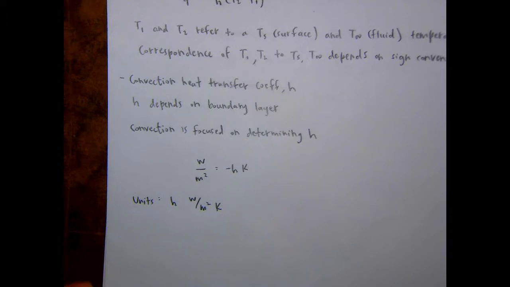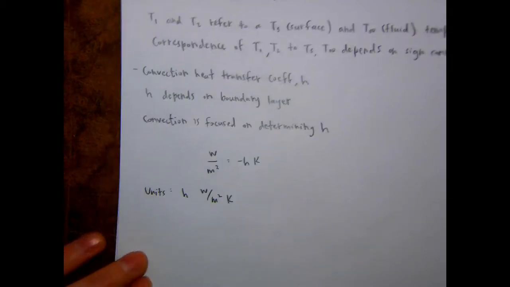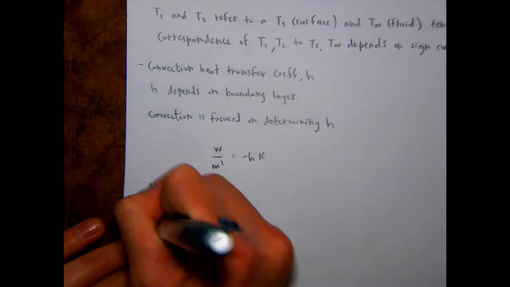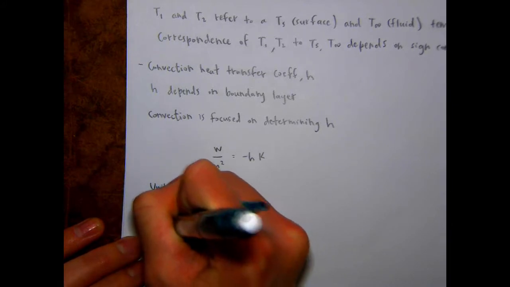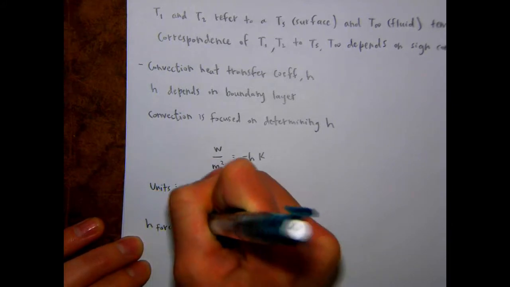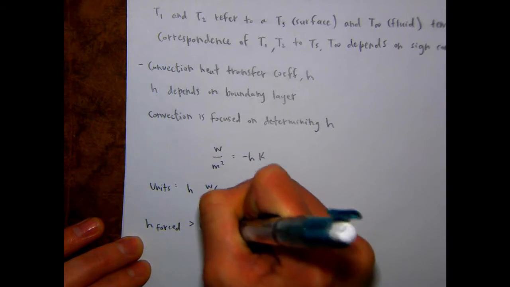So H is going to be different for forced and free convection, and as we mentioned, for forced convection, it's typically going to be much, much higher. So let's say H forced is higher than H free.